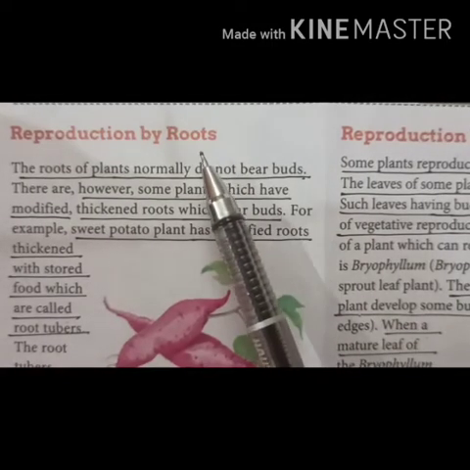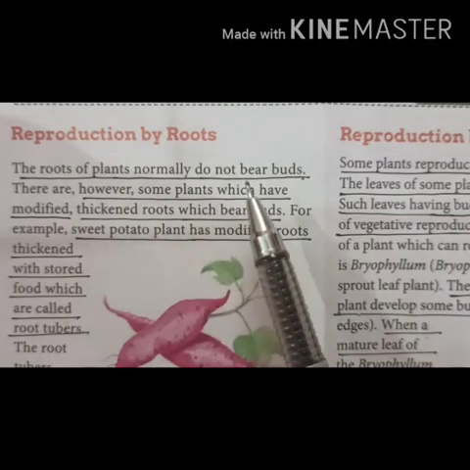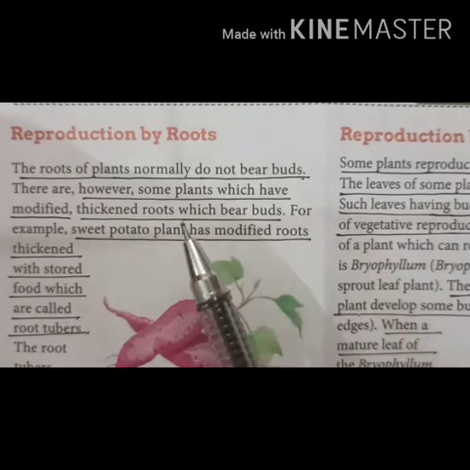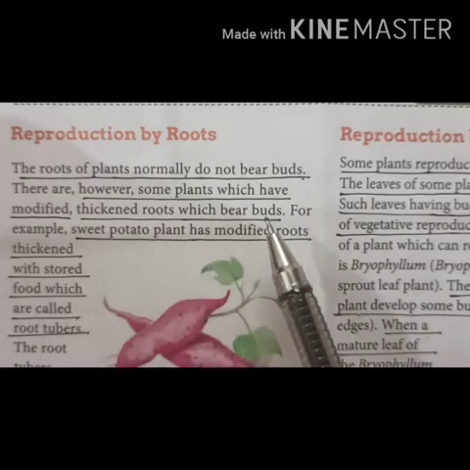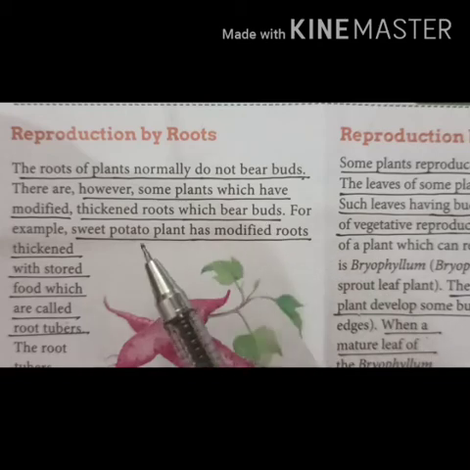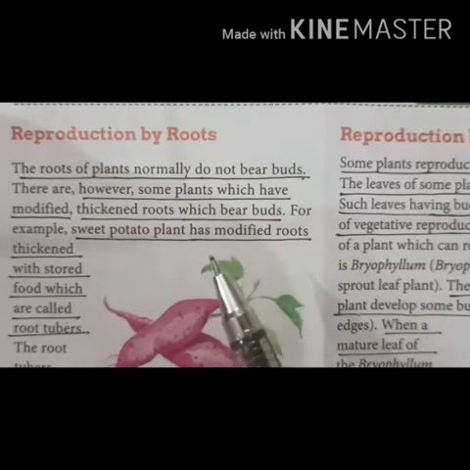Okay, now next is reproduction by roots. The roots of plants normally do not bear buds. However, some plants have modified thickened roots which bear buds. For example, sweet potato. What is sweet potato? That is your shakargandhi. I think all of you have eaten this shakargandhi.